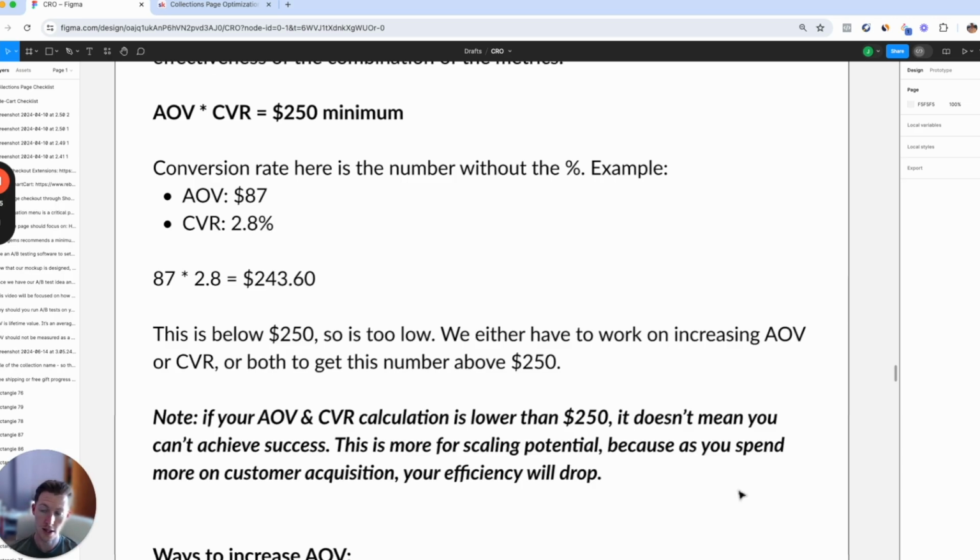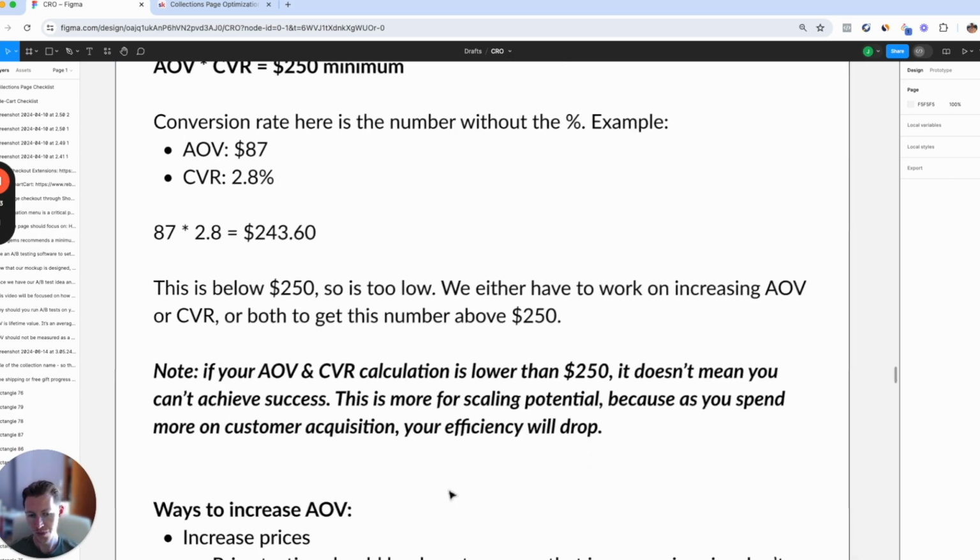Because if you're at 250 or above, trust me, it's easier to acquire customers at your target. If you're struggling with customer acquisition cost at the moment, this is likely one of the factors. It's not the only thing, but it's likely one of the things creating some drag and holding you back from your potential.